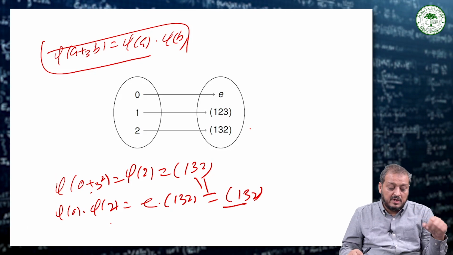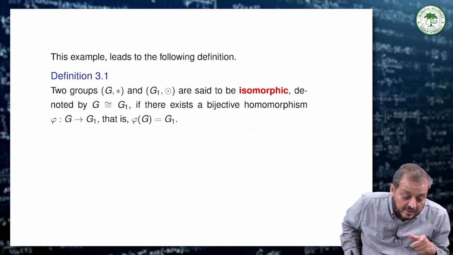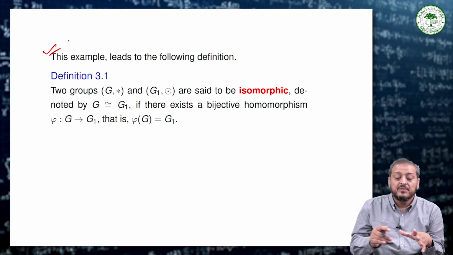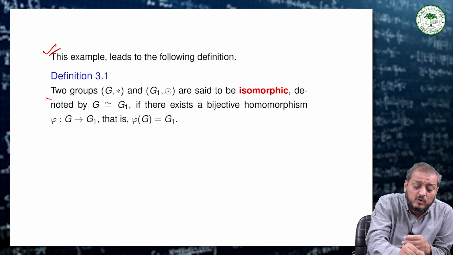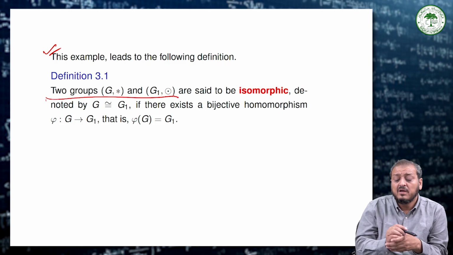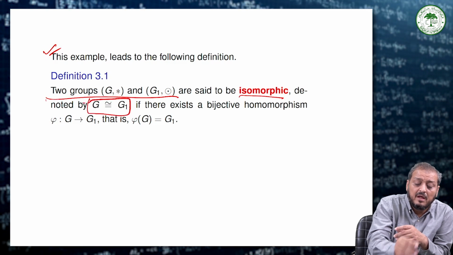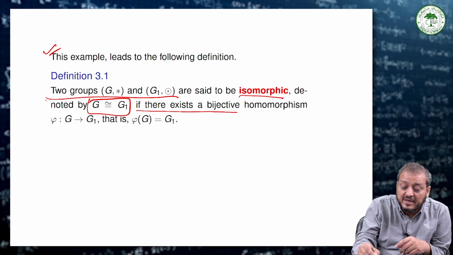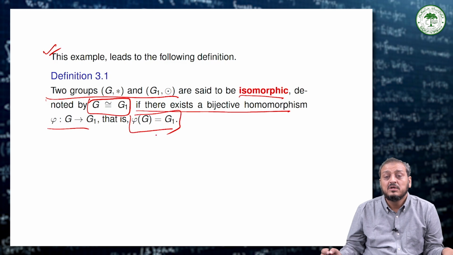Now we have to define a proper definition of isomorphism. By this example previously we lead to the following definition: two groups G and G1 are said to be isomorphic, denoted by this symbol G isomorphic to G1, if there exists a bijective homomorphism phi such that phi of G is equal to G1.